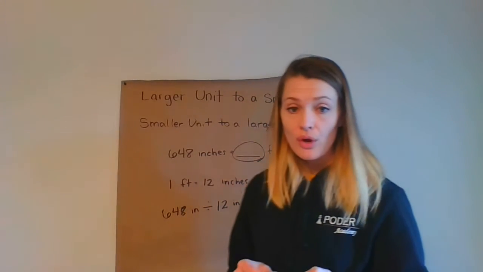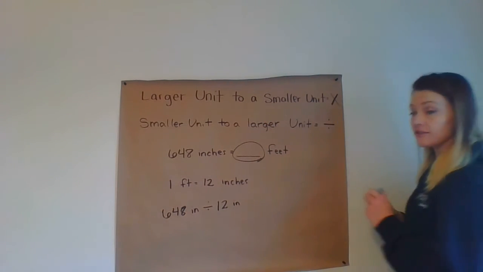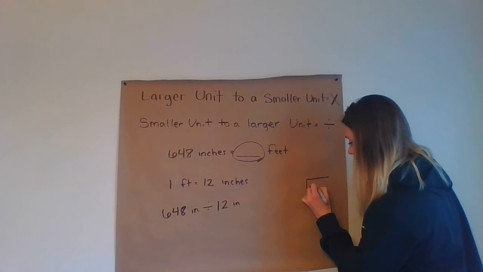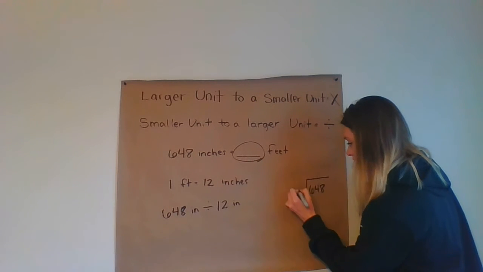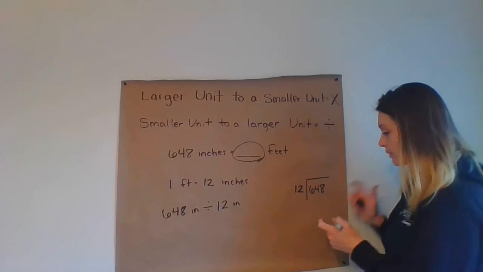Now we're going to come over to the side and do our division. 648 divided by 12. 12 goes into 64.